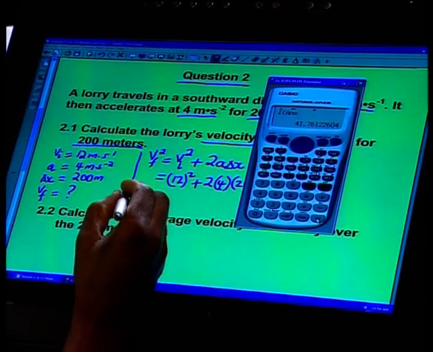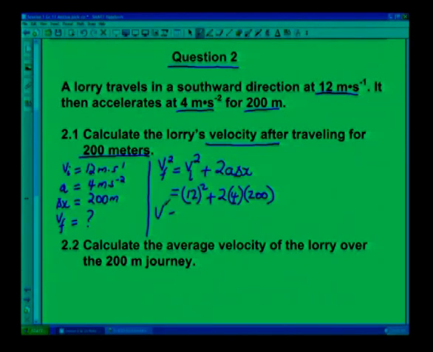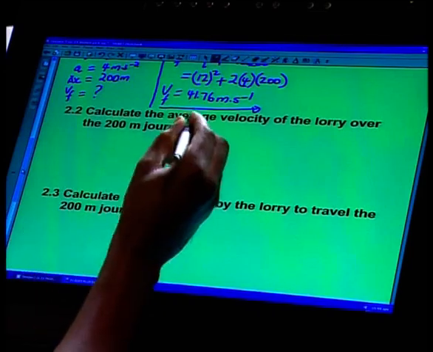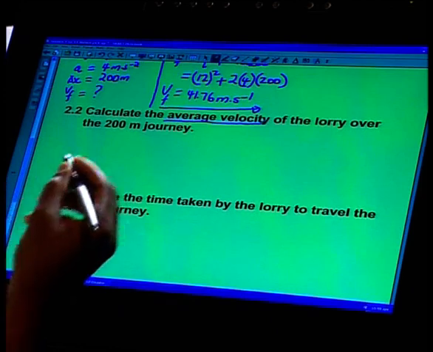That's 41.76. So the answer, V final, equals 41.76 meters per second. That's the answer there for 2.1. Now moving on, we've got 2.2. It says calculate the average velocity of the lorry over the 200-meter journey.